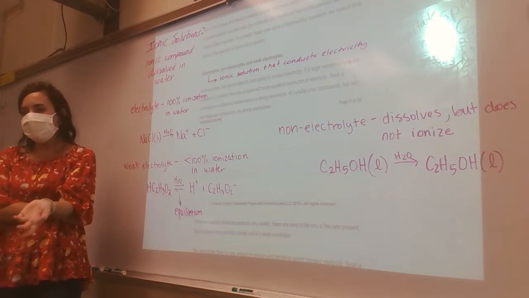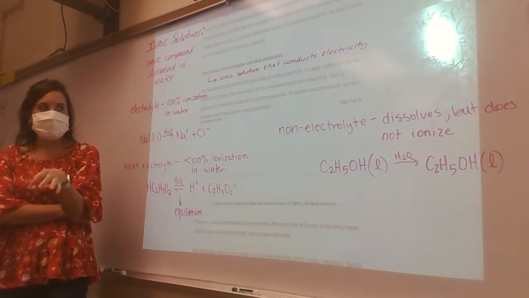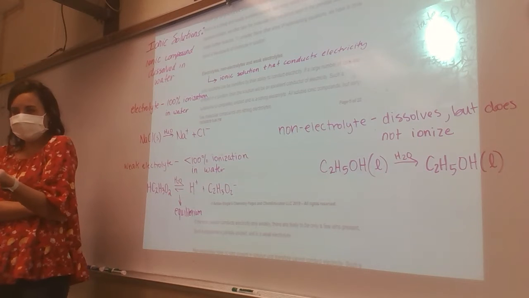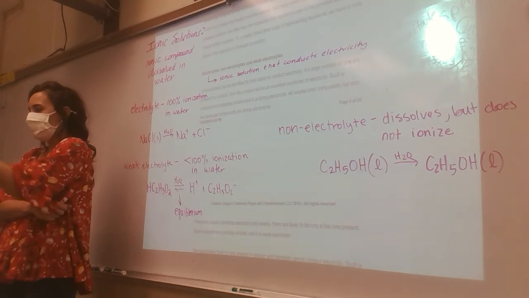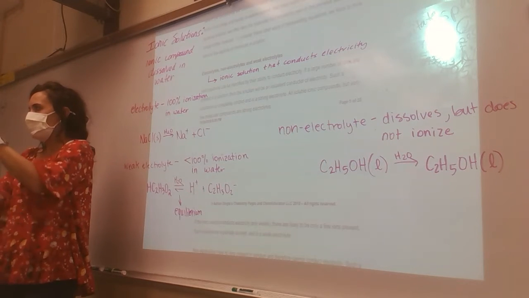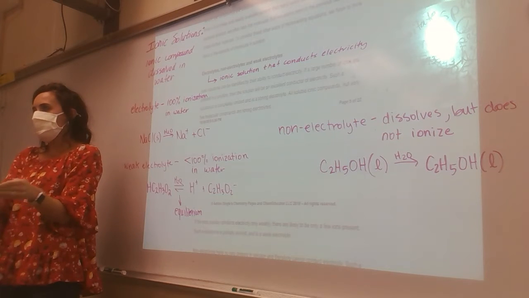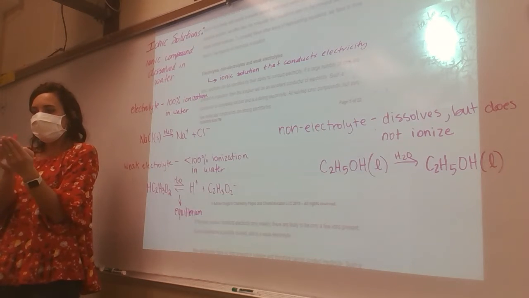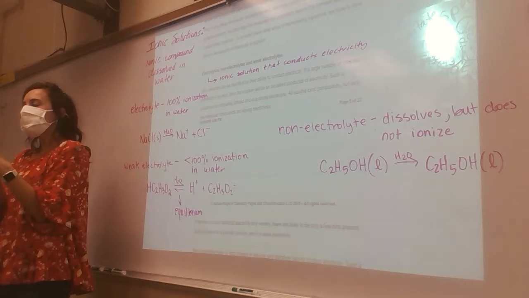When you put ethanol in water, it breaks apart, but it just makes smaller ethanol molecules. It just gets smaller and smaller. They're still completely ethanol. There are no ions at all.